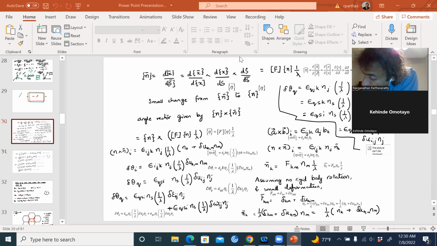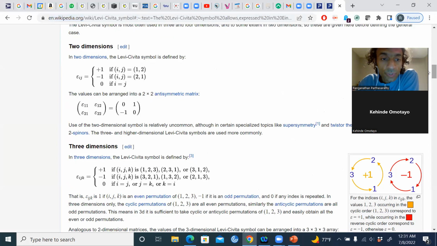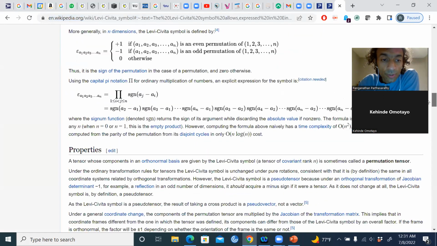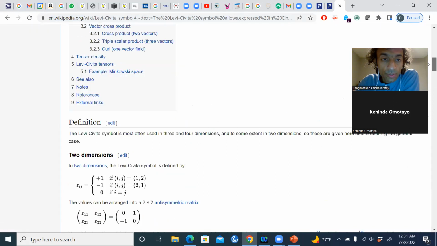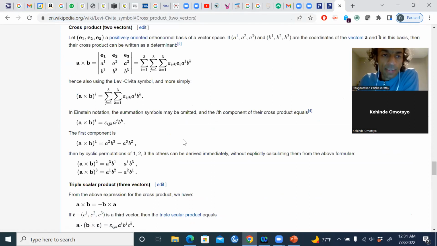F is equal to del x. Okay. This is later. We see it i, j, k.